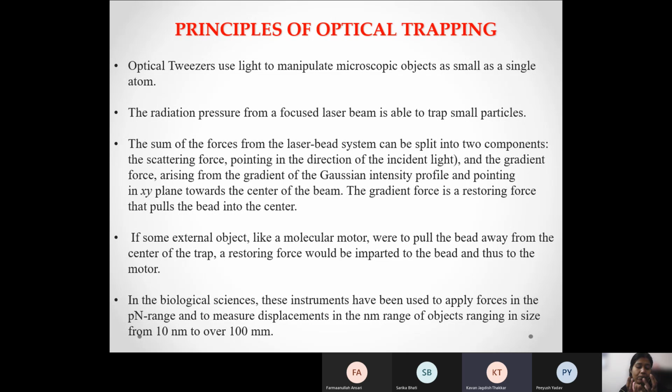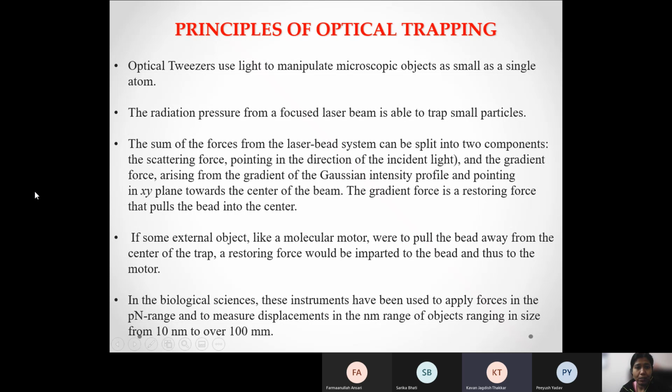If you have the bead suspended in water, which is mostly the case because we are dealing with biological systems that work in an aqueous medium, then you would have mean scattering, where, when incident light falls on this bead, the scattering can be thought of as coming back in the same direction as the incident light. So that's one thing.